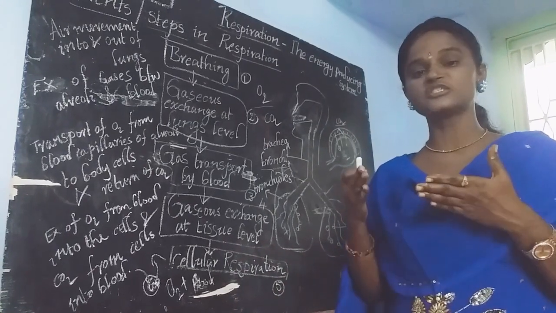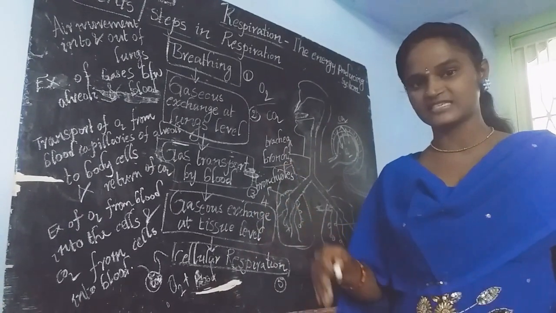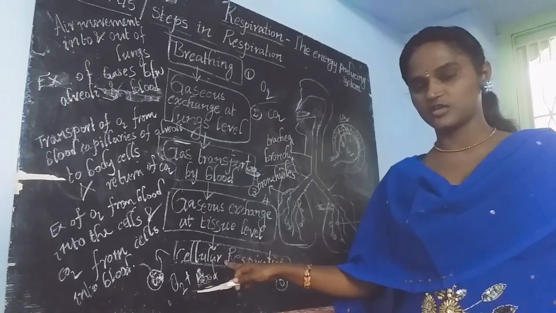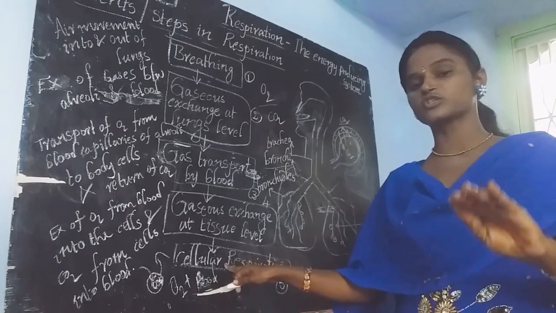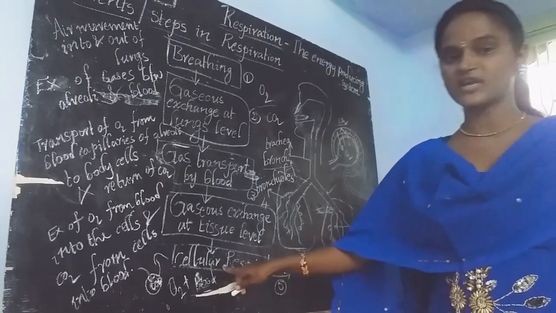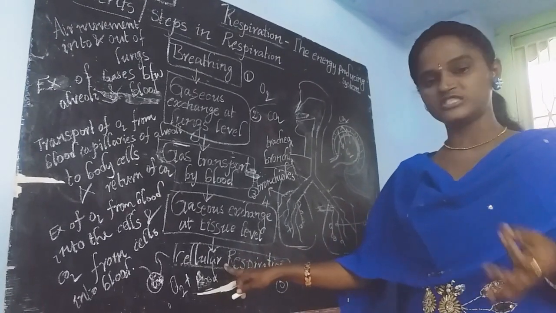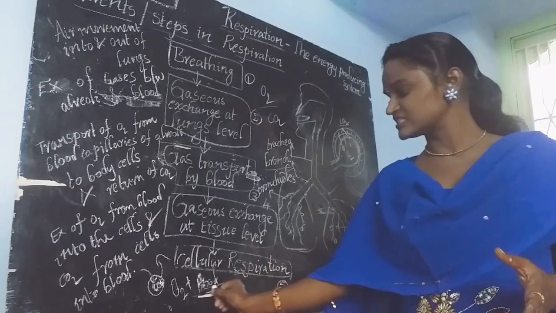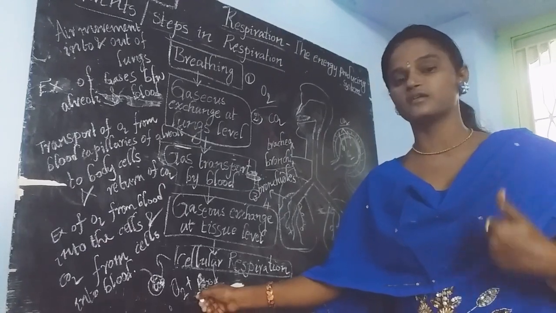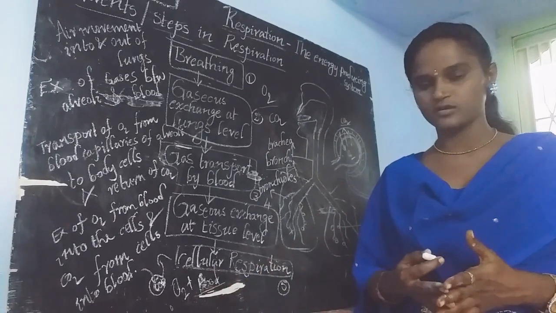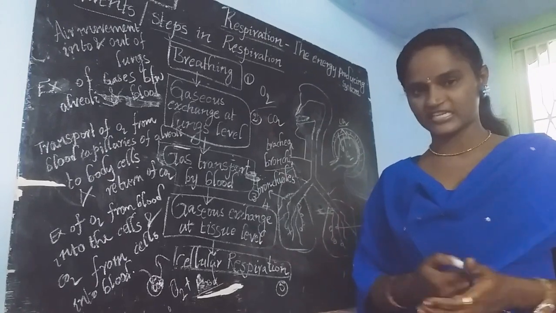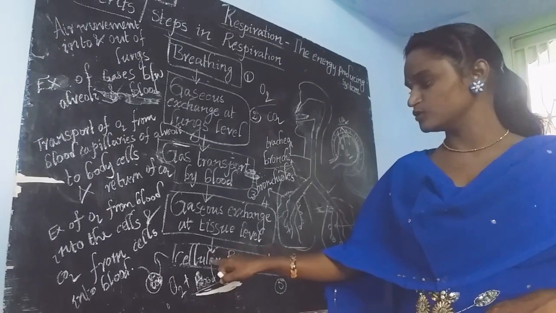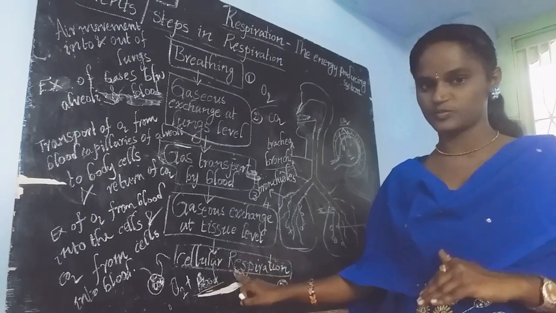And as this respiration occurs inside the cell, we call it cellular respiration. Okay, inside the cell, whenever the oxygen is added, the food produces energy for our activities. We people are doing different activities. For those activities we need energy. That energy is produced as a result of cellular respiration.